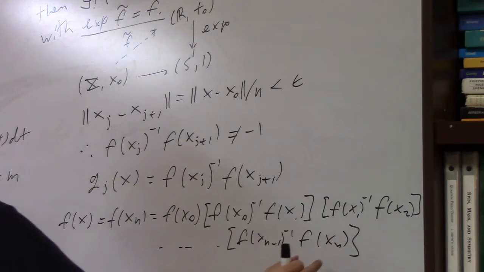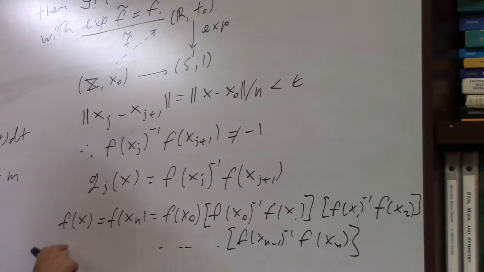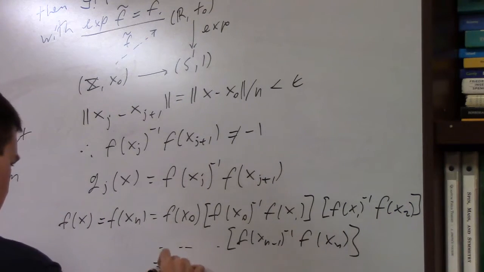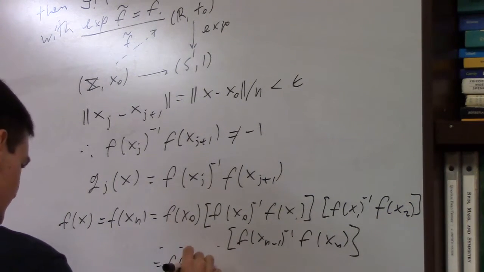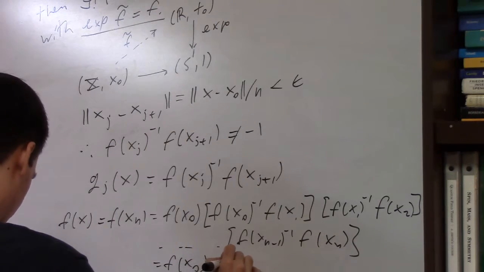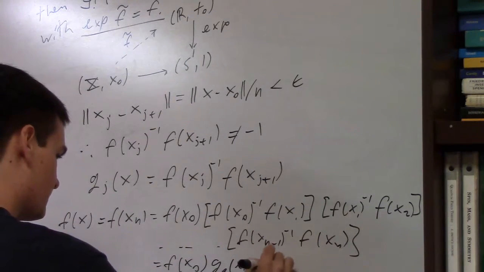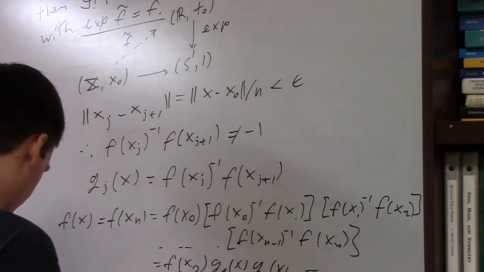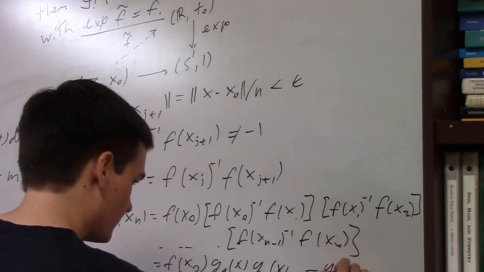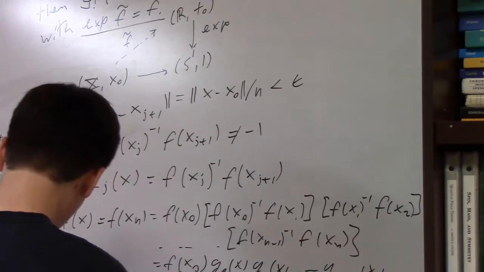So you can see these two are equal. And that is just equal to, by our definition, f of x naught times g naught of x, g1 of x, all the way out to g sub n minus 1 of x.